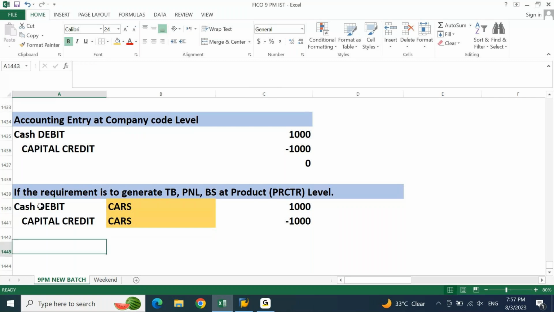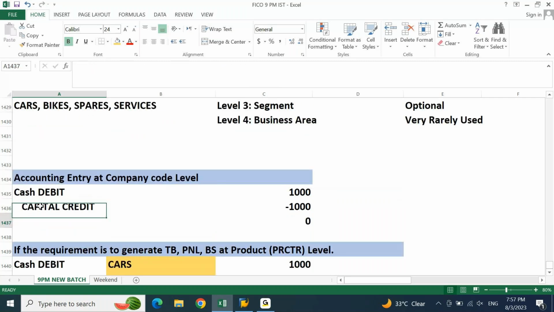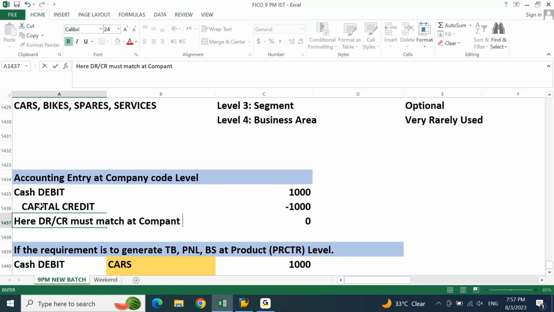So here debit credit must match at company code level.